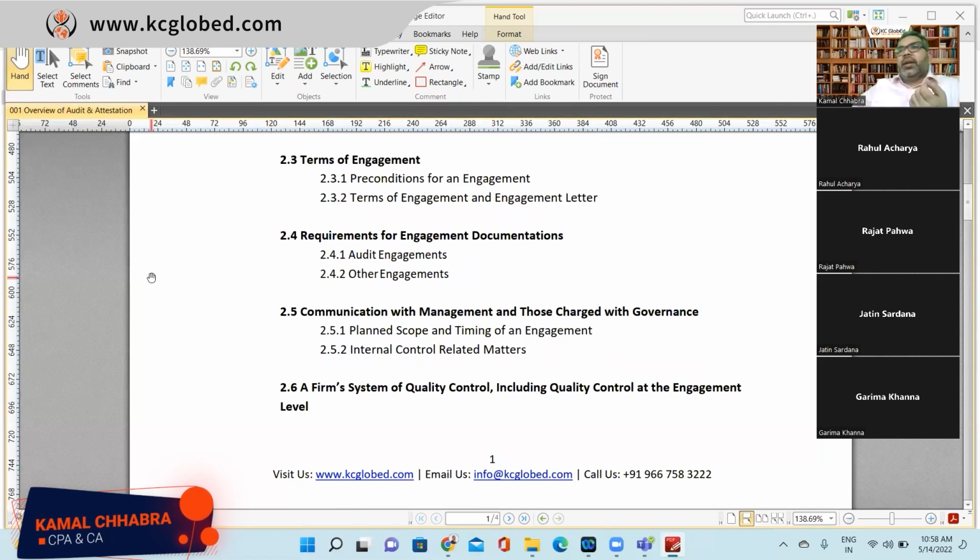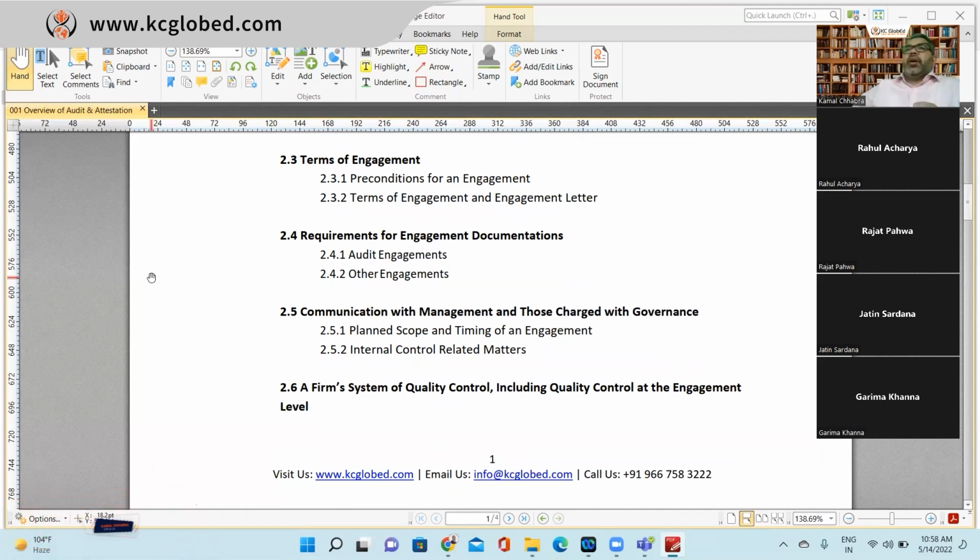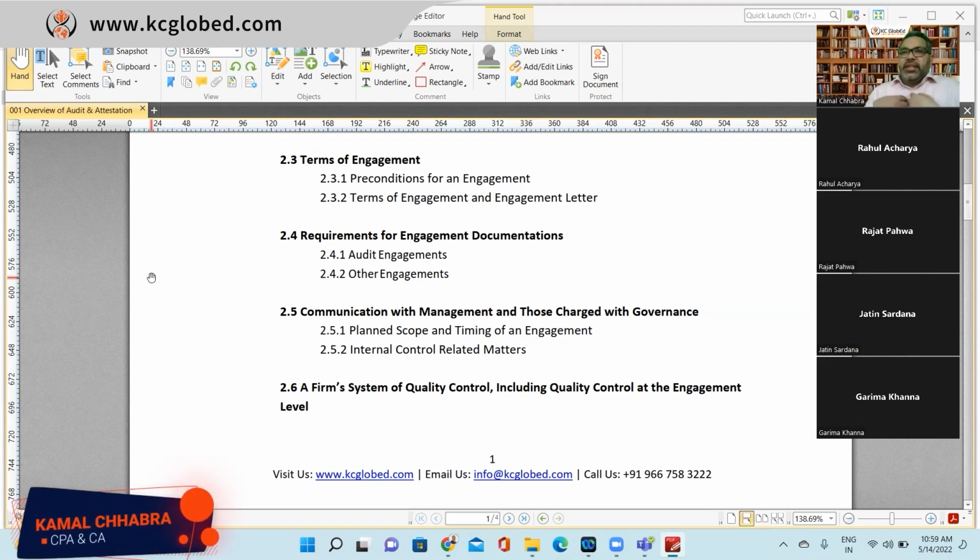As an auditor, whether you are doing an audit engagement, attestation engagement, review engagement, compilation engagement, agreed upon procedures, consultation engagement, or tech services engagement, it is your responsibility to ensure the terms of the engagement are clearly laid down, including the scope of work of the professional, that's the CPA, and the scope of work of the management as well, so that in future there should not be any dispute between the two parties, right?